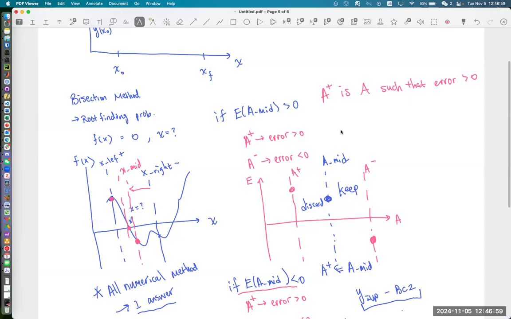So let's say, copy this, paste this. See what the function does.